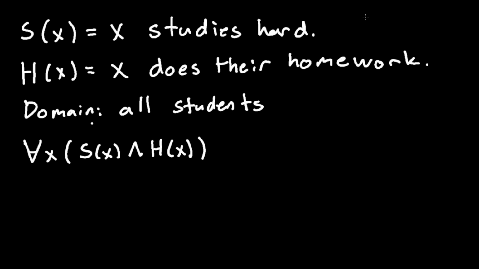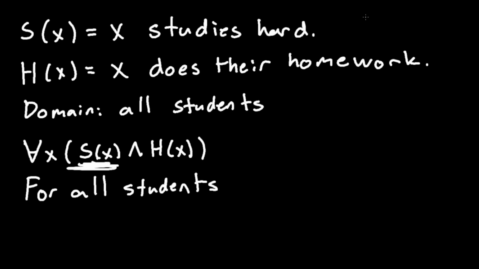Okay, so we have this statement right here, and we have every X. So we already know this starts with for all or every, because that's what this quantifier means. So for all X, or for all students, since X is all students, we have studies hard, does their homework. And we have the and logical operator here.